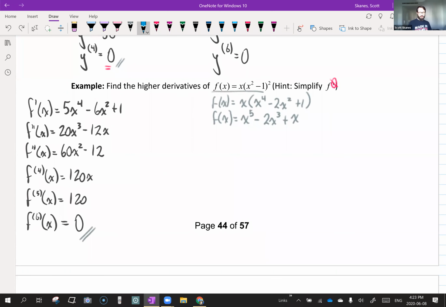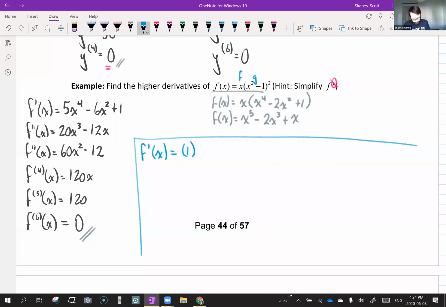Let me make a side note as to what would happen if you didn't do what I just did. Make a slight little change here. If you did the first derivative without expanding first, you would use the product rule, okay? So you would do first one, second one. So the derivative of the first one is 1. Keep the second one the same.